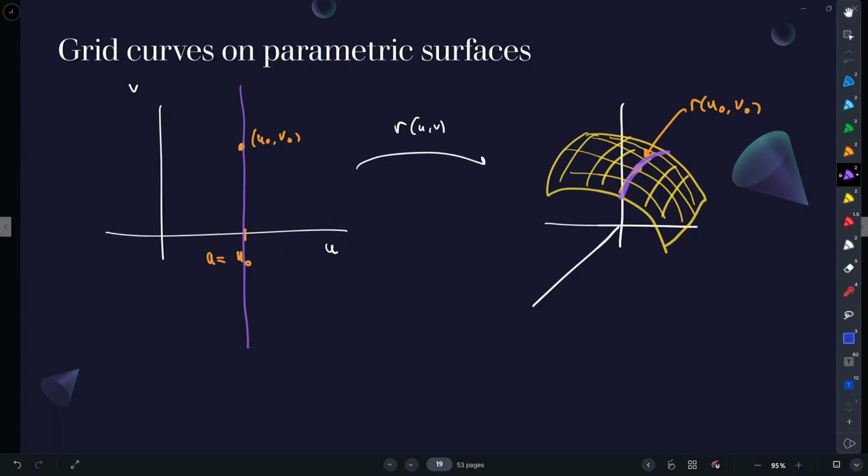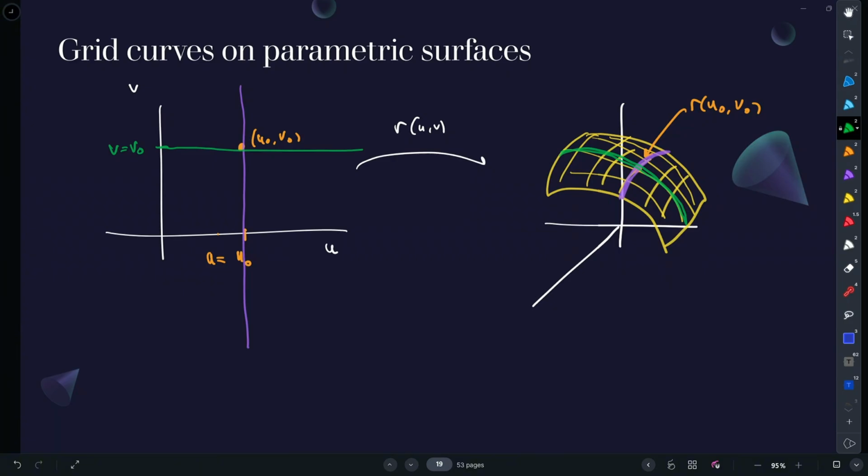And if you fix v0 and look at all the points that have that coordinate v, that is going to give you some other curve on the surface that goes through that point. And those are called the grid curves.